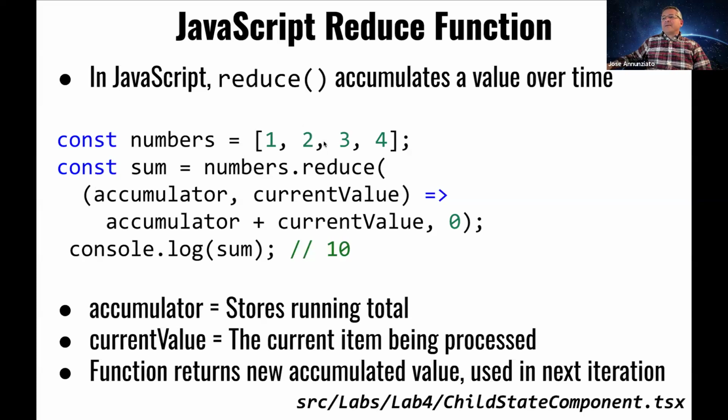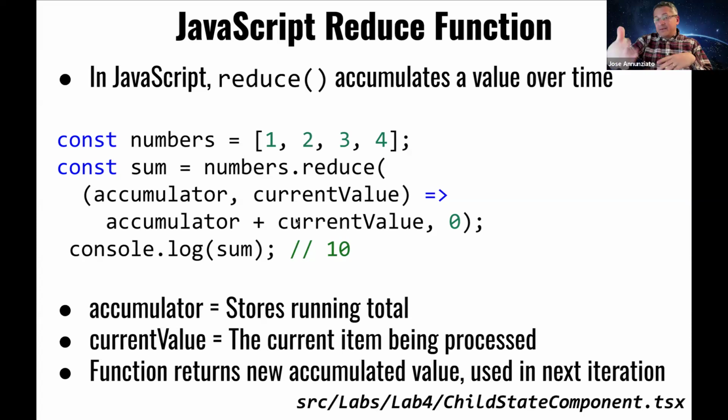In our case here, which is reducing the elements of the array, we're accumulating with an initial value of 0, where we accumulate the values of the accumulator plus the current value. So each value gets passed in, 1 plus 2 plus 3 plus 4, and you end up with 10. So it's converting all the items, accumulating them using whatever algorithm you want.